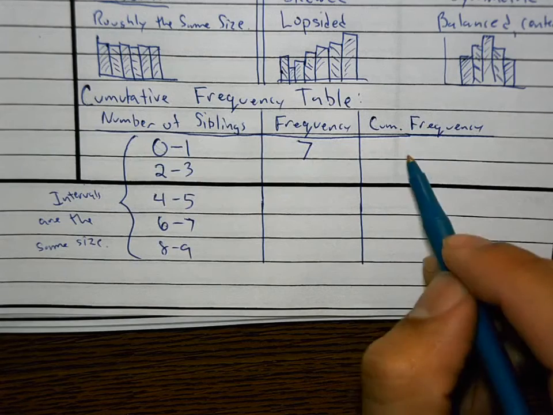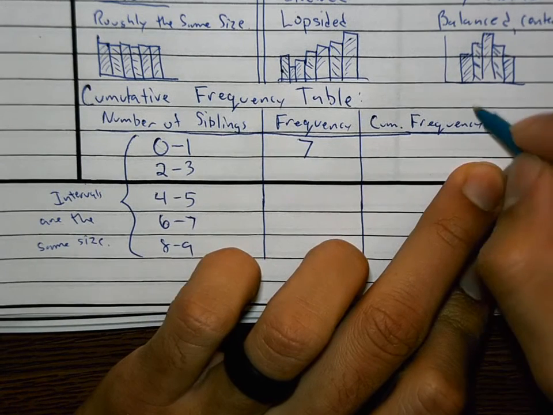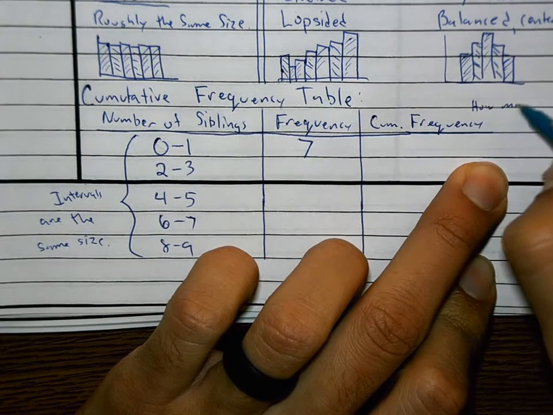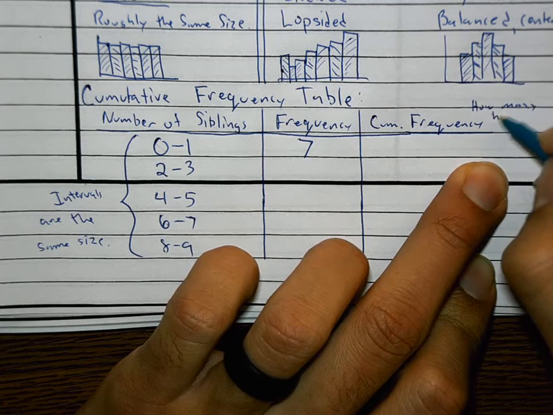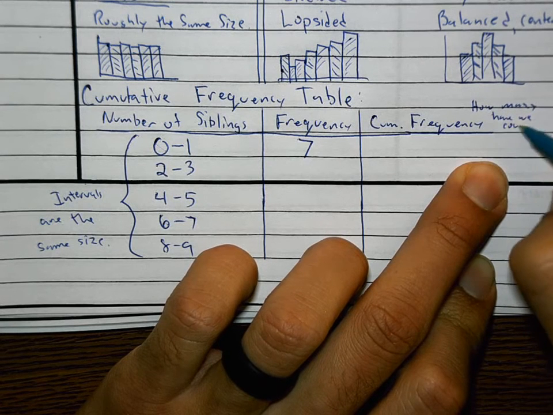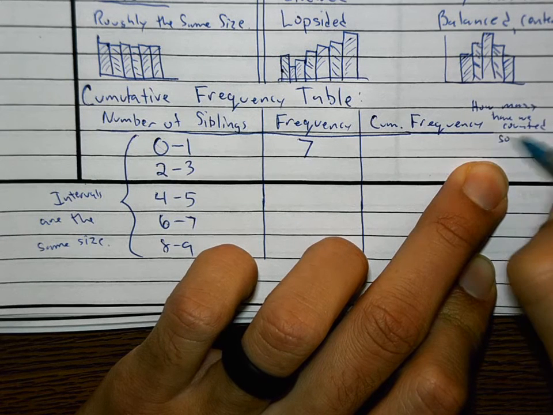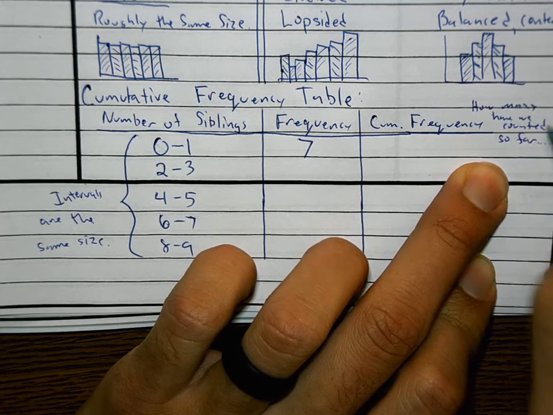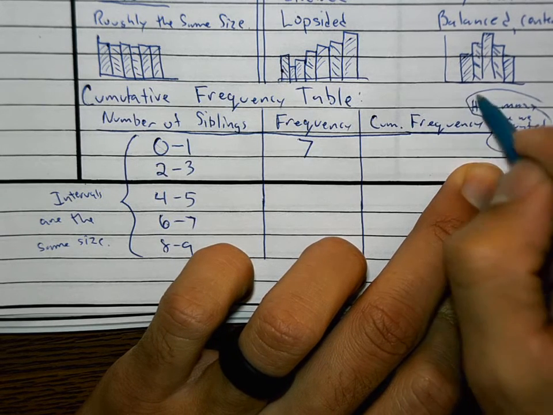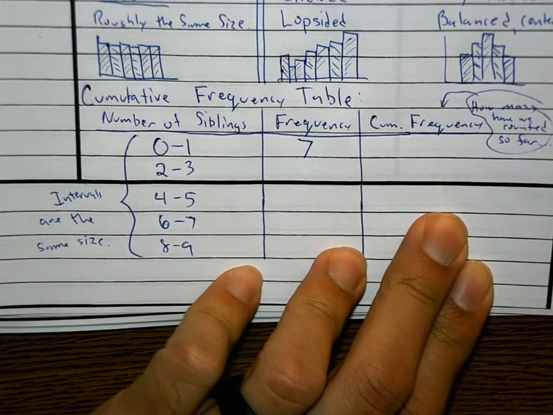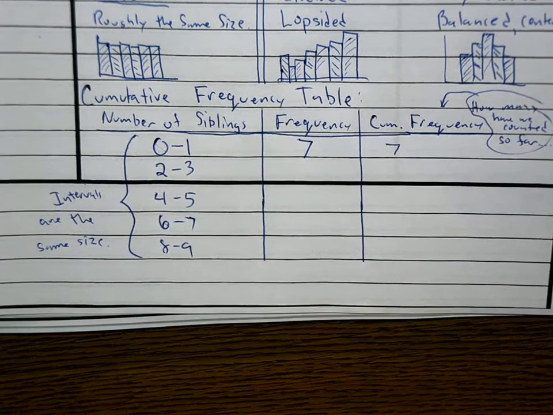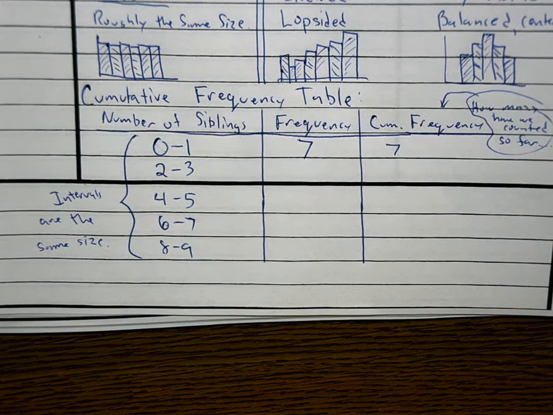That's what this last category means. We've counted 7 so far, or what's the total amount that we've counted so far?